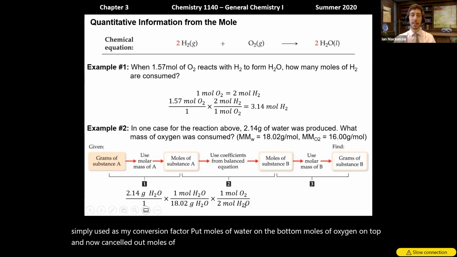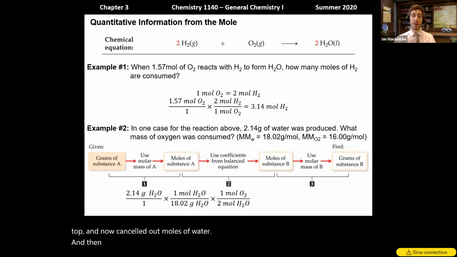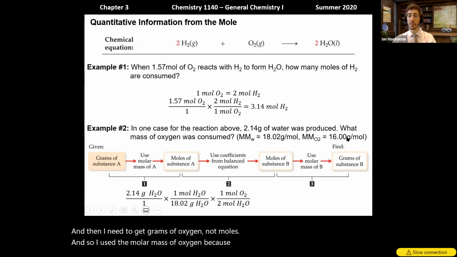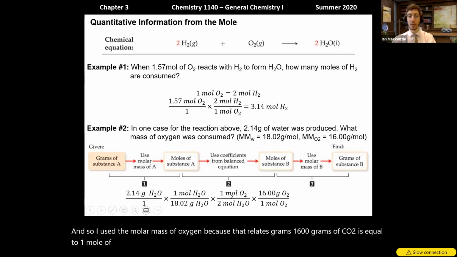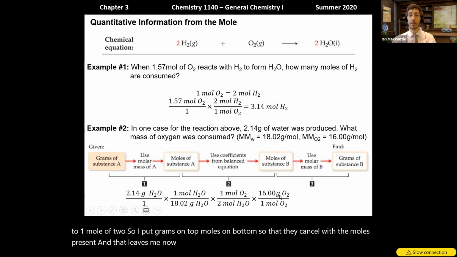And then I need to get grams of oxygen, not moles. And so I use the molar mass of oxygen because that relates grams. 16.00 grams of O2 is equal to 1 mole of O2. So I put grams on top, moles on bottom so that they cancel with the moles present. And that leaves me now with grams of O2.